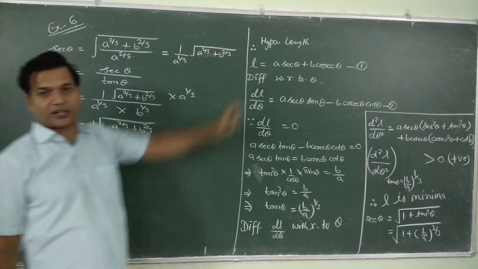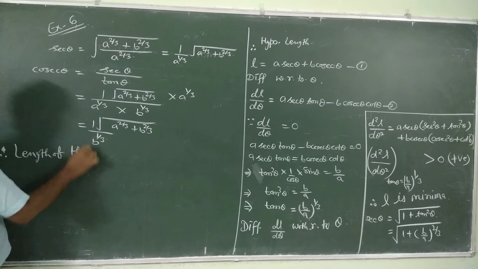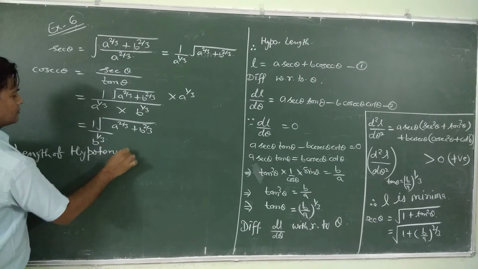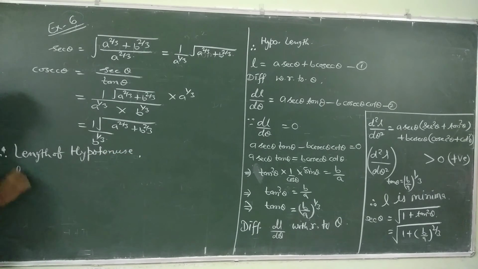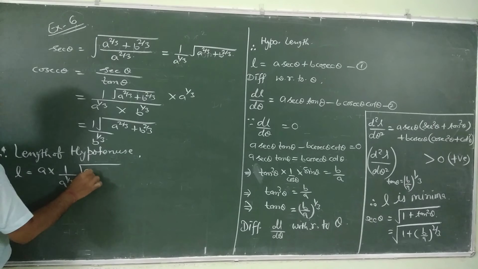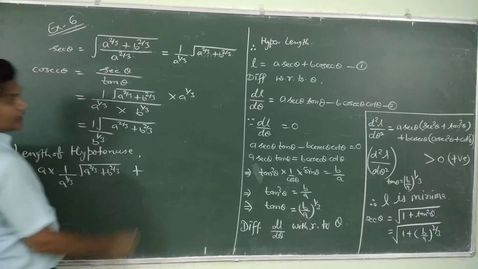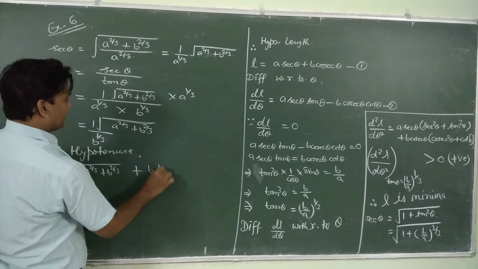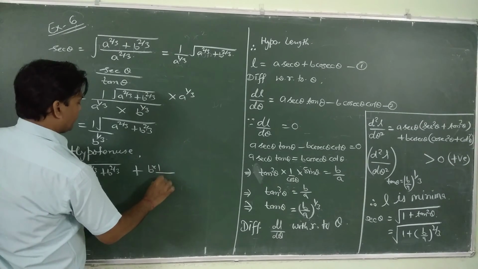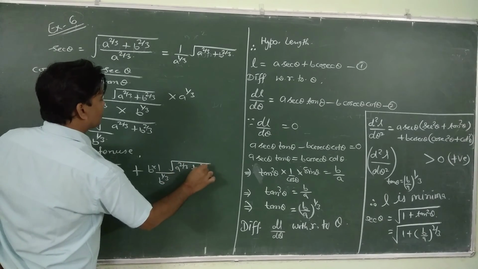Substitute in the first equation. Therefore, length of hypotenuse L equals A into sec theta, which means 1 upon A raised to 1 by 3 root A raised to 2 by 3 plus B raised to 2 by 3, plus B into cosec, 1 upon B raised to 1 by 3 root A raised to 2 by 3 plus B raised to 2 by 3.